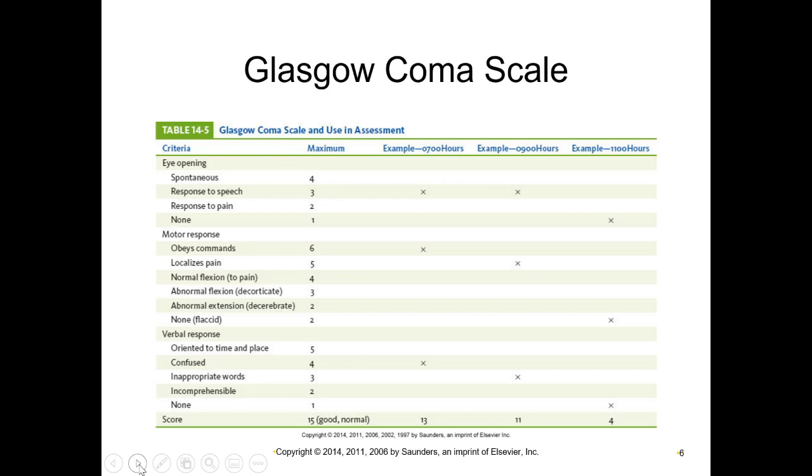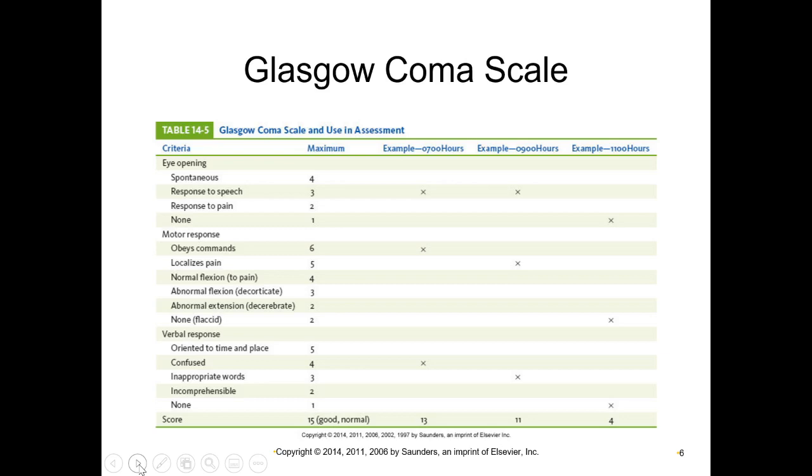So, there were some issues there. Then, at 0900 hours, their score was down to 11. And finally, 2 hours later at 1100, the score was 4.